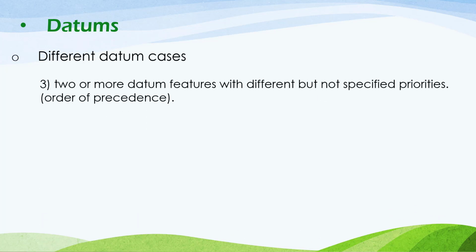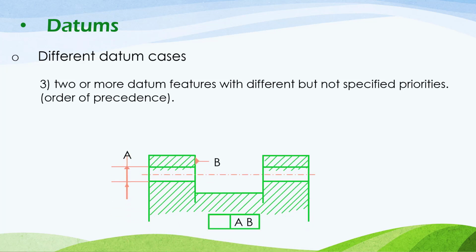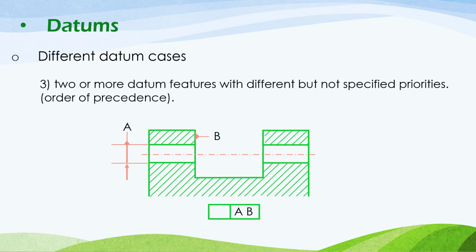Also, we have another datum case, which is to have two or more features with different priorities, but this priority is not specified, so the tolerance annotation doesn't specify which datum feature has the highest priority.